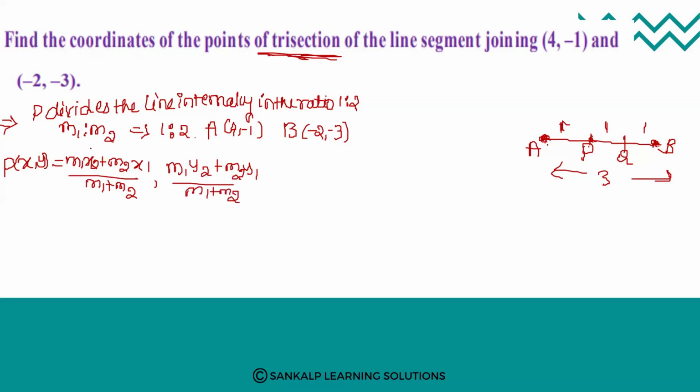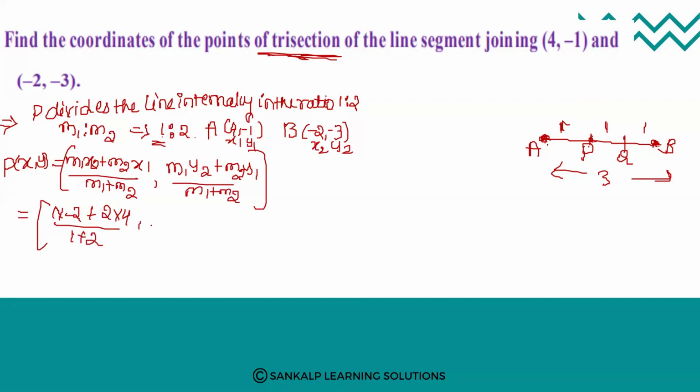This is our formula, right? Now m1 value is 1 here, so 1 into x2, which is -2, plus m2 value is 2, 2 into x1 which is 4, divided by 1 plus 2.